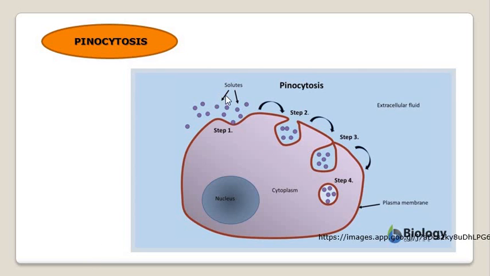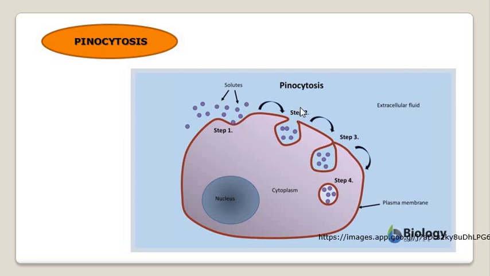You can see here, when this solid molecule comes in contact with the plasma membrane, the plasma membrane is going to detect it immediately, and that detection or close contact of that solid molecule with the plasma membrane triggers the invagination of the plasma membrane.